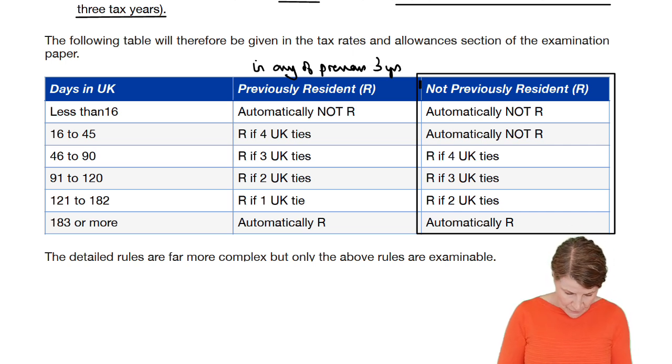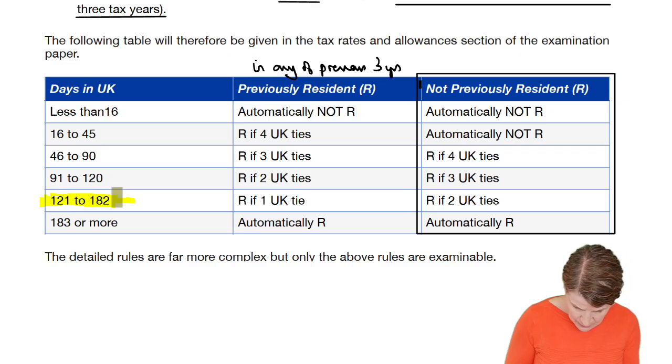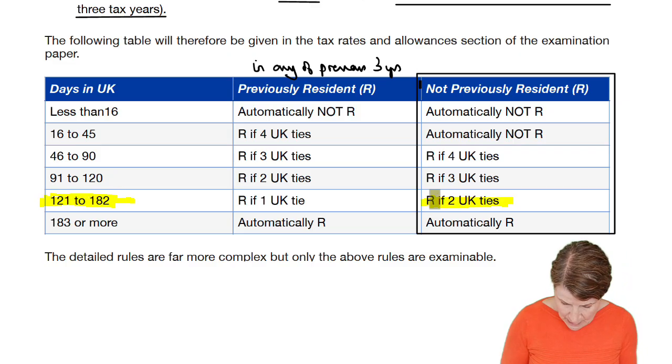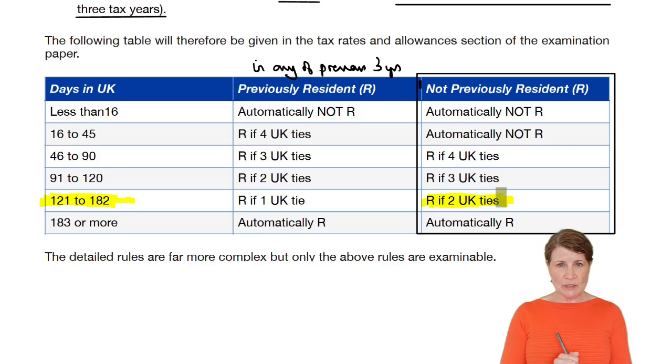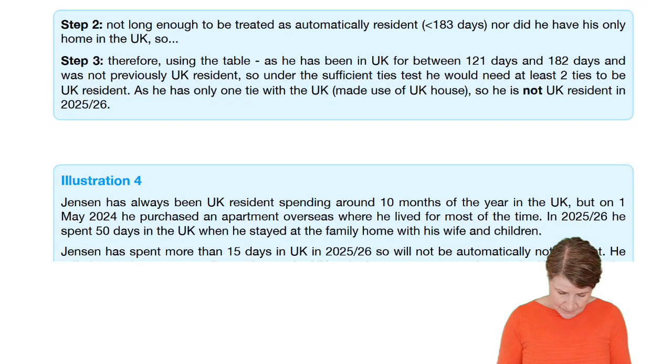He spends 140 days. So that is 121 to 182. And that means that if he's got 2 ties to the UK, he will be treated as resident in the UK for 2025-26. Now, he's only got 1 tie, hasn't he?